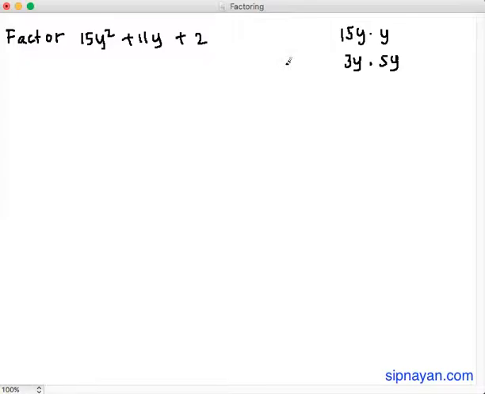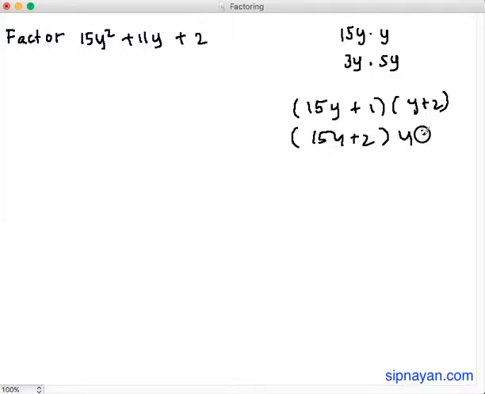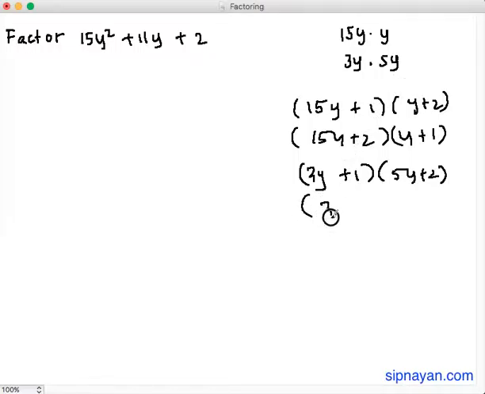So the possibilities are 15y plus 1 and y plus 2, or 15y plus 2 and y plus 1, or 3y plus 1 and 5y plus 2, and what else? 3y plus 2 and 5y plus 1. So these are the possible factors.